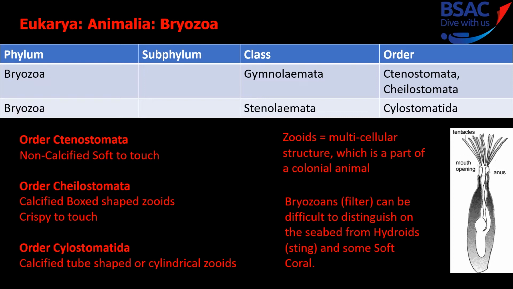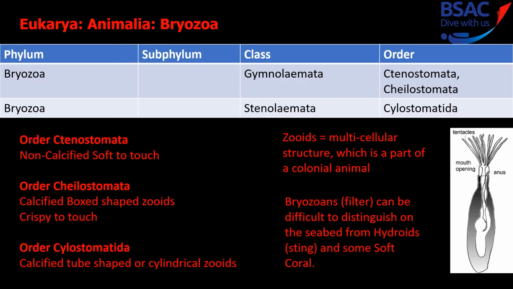Cheilostomata have calcified box-shaped zooids with a mouth like a trapdoor. They are crispy to touch. And Cyclostomata are difficult to identify in the field, but form calcified tube-shaped or cylindrical zooids.